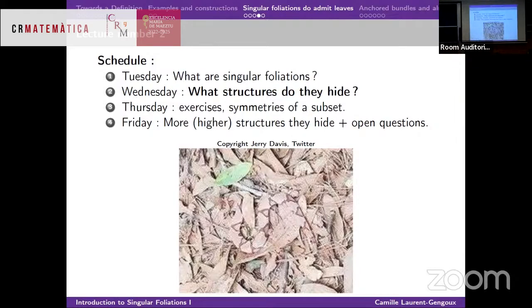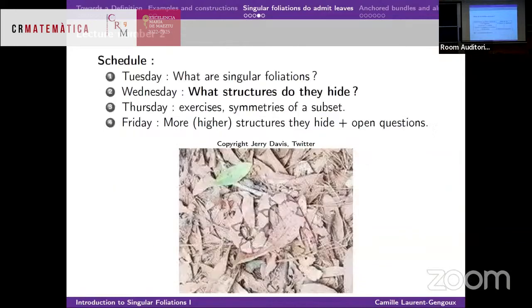My goal is to warn you about these difficulties so that next time you see a singular foliation, there is no way you cannot see it. There is no way you can unsee it. So today's topic is hidden structures behind singular foliations.